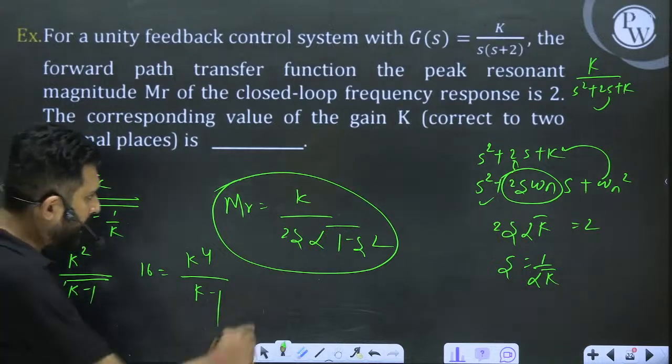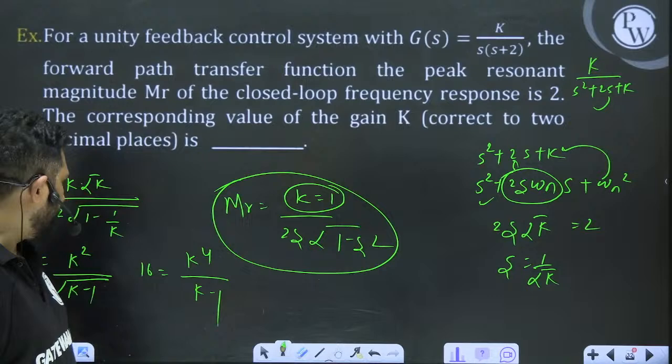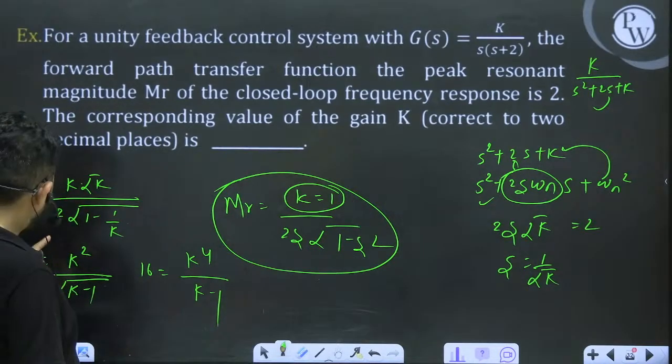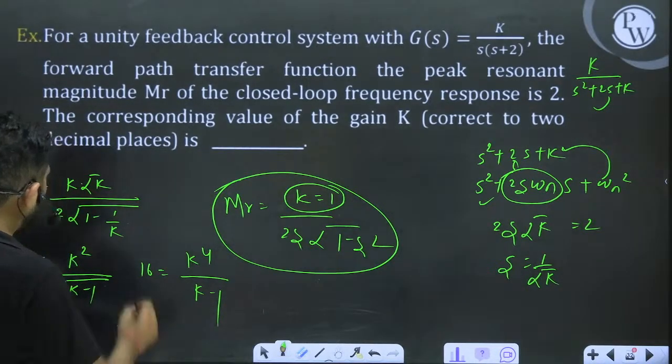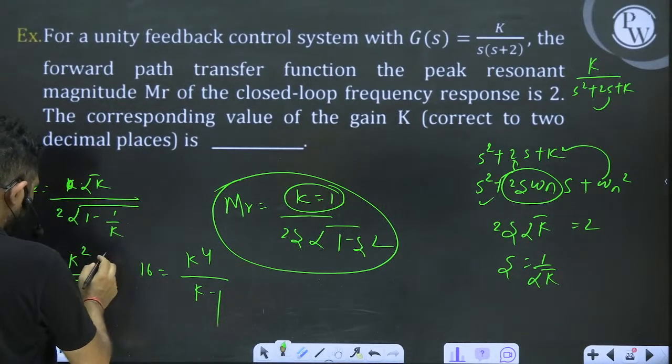Suppose I am taking the system gain k as equal to 1. In that case, here you will have a root k and here you will have a k.